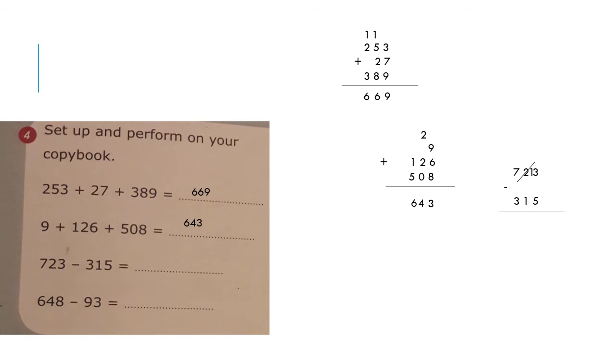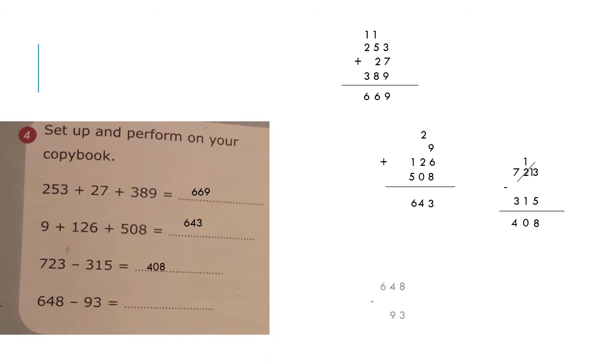Put 13 in your mind and count backwards until you reach 5. 13 in my mind, 12, 11, 10, 9, 8. Okay, I write 8. Now I replace 2 by 1, and 1 minus 1 is equal to 0. 7 minus 3, put 7 in your mind, count backwards until you reach 3. 7 in my mind, 6, 5, 4.